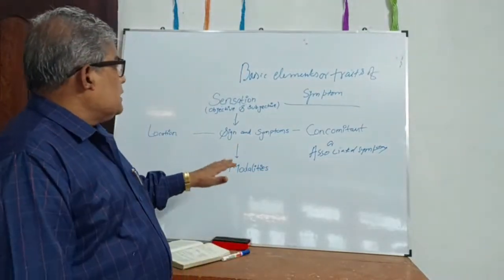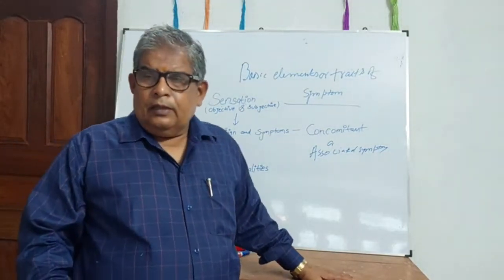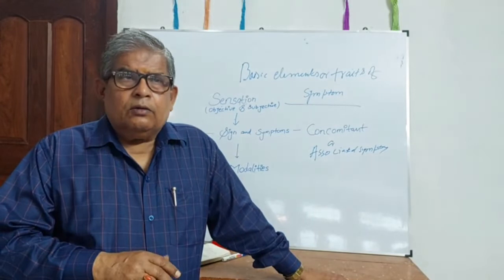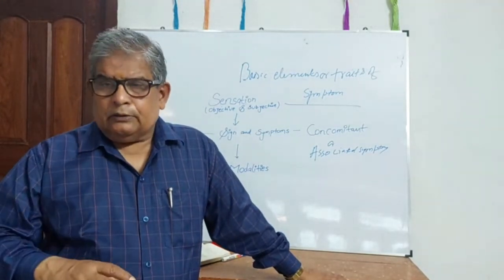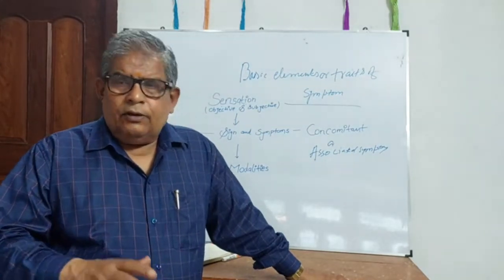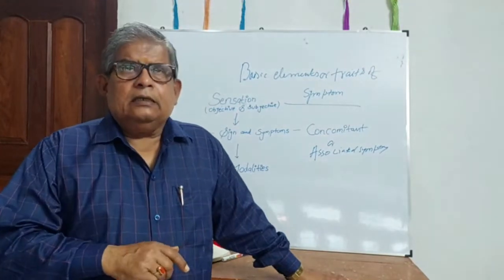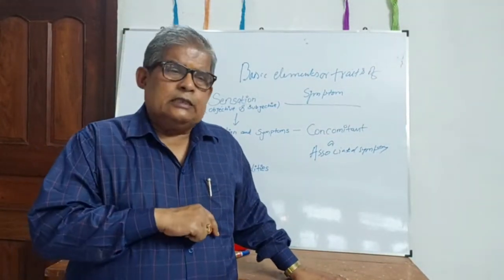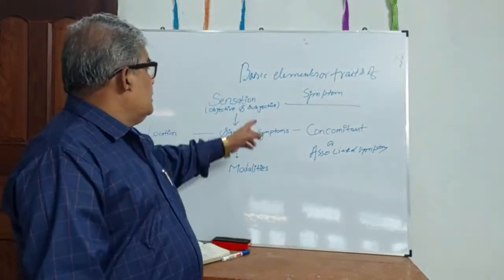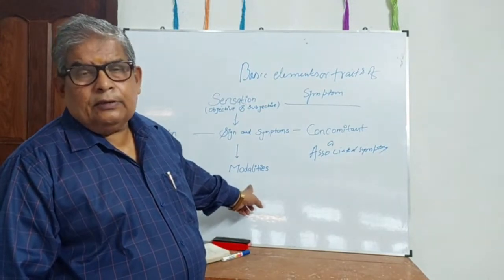This is the modulation concept, because particularly beginners get confused about which symptom to give the highest value, from Kent or from modulation. So the best way, by the modulation method, is how to complete the symptom. This is why we call these the basic elements of a symptom.